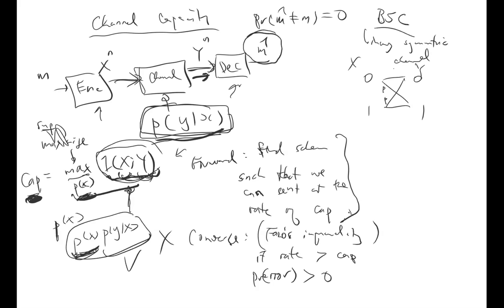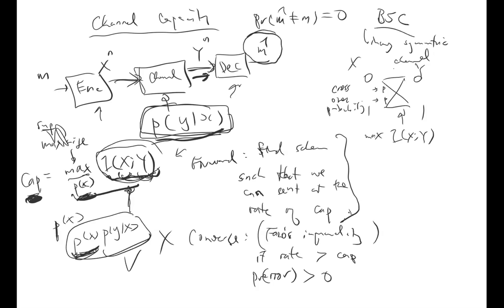This is symmetric because the crossover probability is equal for both inputs.